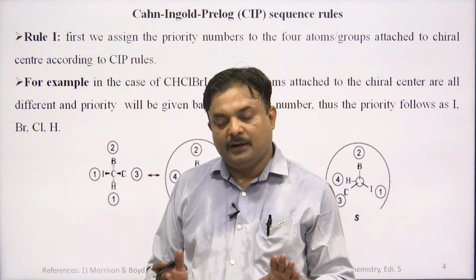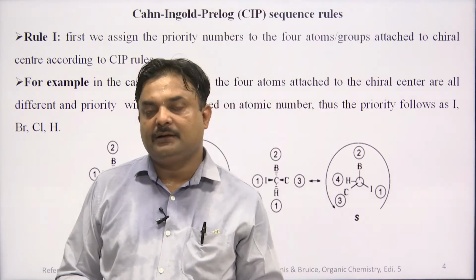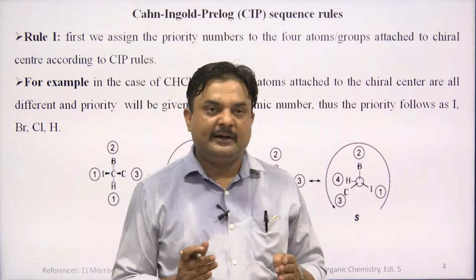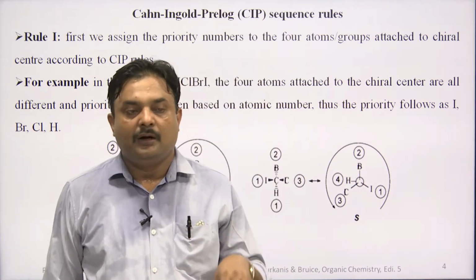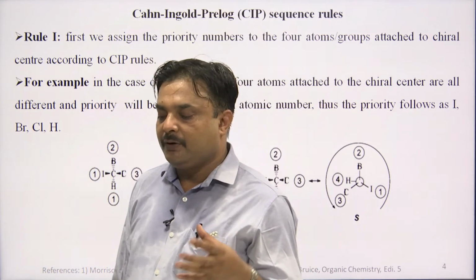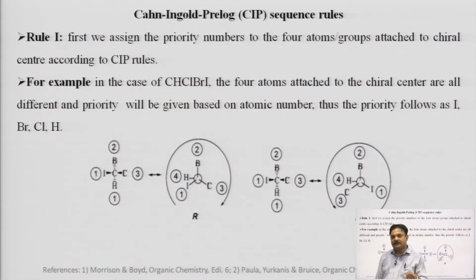So, before going into the relative configuration system, we must know about the sequence rule, which is also known as the CIP sequence rule, or the Cahn-Ingold-Prelog system. Actually, the sequence rule consists of 4 different sets of rules, according to which we can say which configuration a molecule is having. We will go through those rules one by one.